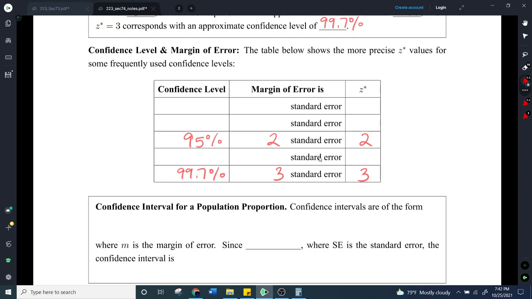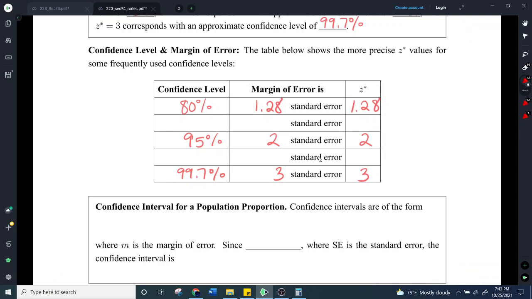Now, a few others that may come up. These still come from, I don't want to say the empirical rule, but they come from that normal distribution and how much of that normal distribution is getting shaded. If we were doing an 80% confidence level, that would correspond to a Z star value of 1.28, which would be 1.28 standard errors included.